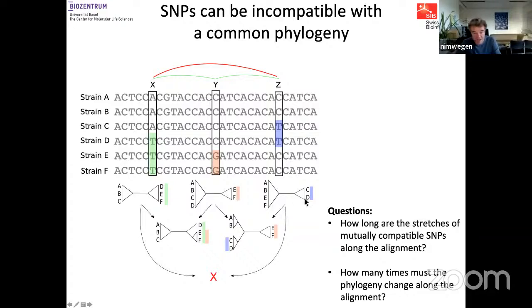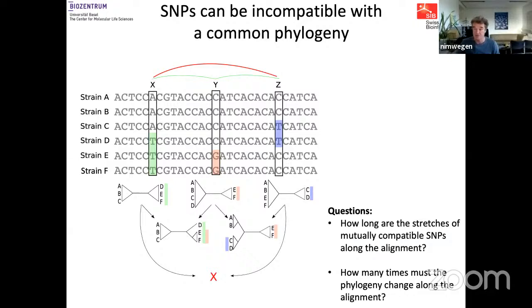And you cannot have that and have this branch in the tree at the same time, all right? So that shows that somewhere between X and Z, there must be a change in the phylogeny, okay? There must be at least one change in the phylogeny somewhere between X and Z. So you can use this to look at how long are stretches along the genome that are compatible with a tree before you need to change the phylogeny.